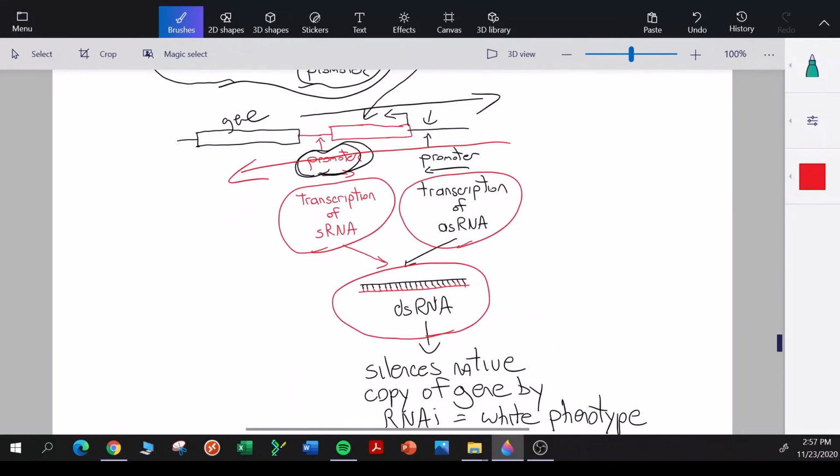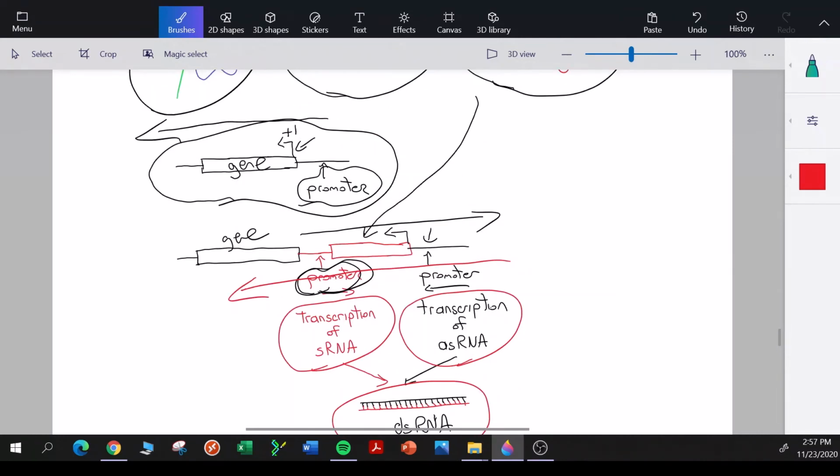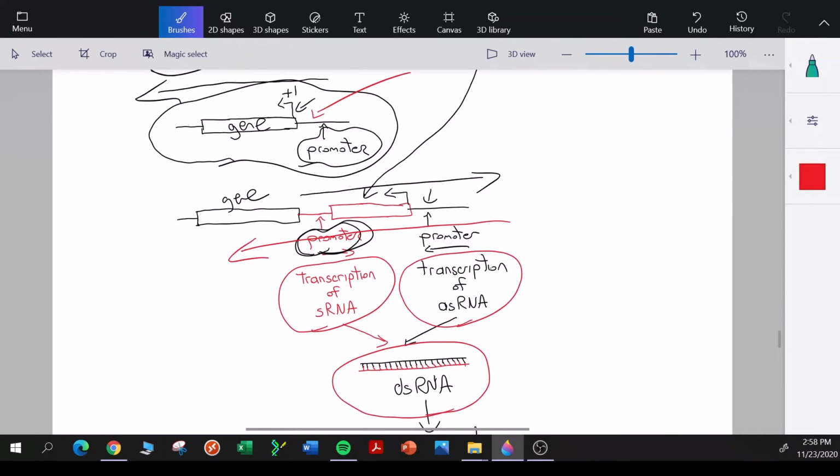So again, by trying to put many copies of the transgene in the organism, researchers would increase the chance that they would get an integration like that, which could lead to production of both the sense RNA and the antisense RNA. And that's one model to explain what researchers were seeing back then in the early 90s.